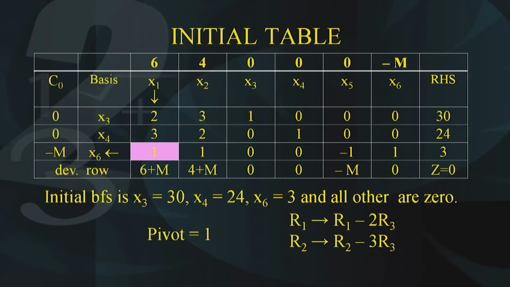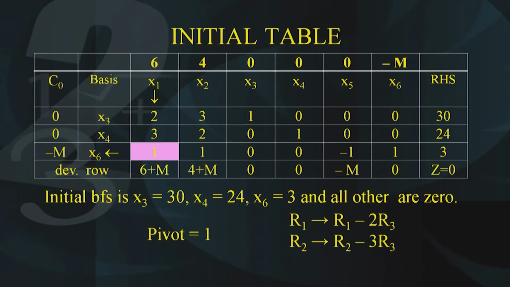So, you will get 6 plus M. Similarly, 4 minus (0, 0, minus M) multiplied by (3, 2, 1), and you will get 4 plus M. Similarly, 0 minus (0, 0, minus M) multiplied by (1, 0, 0), which comes out to be 0.